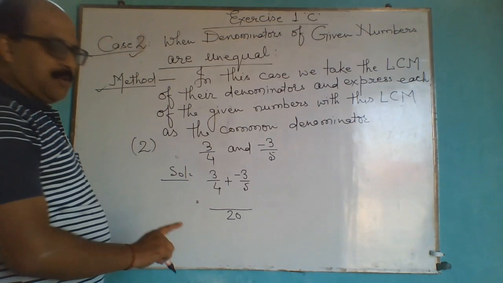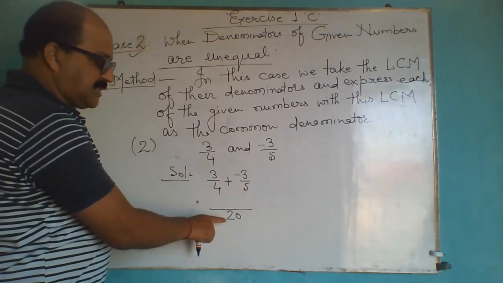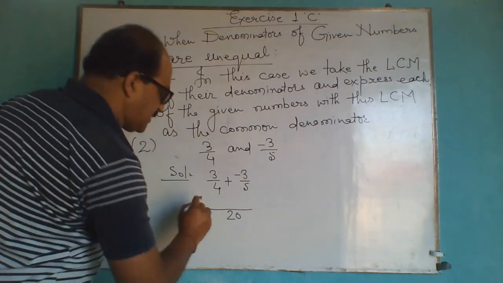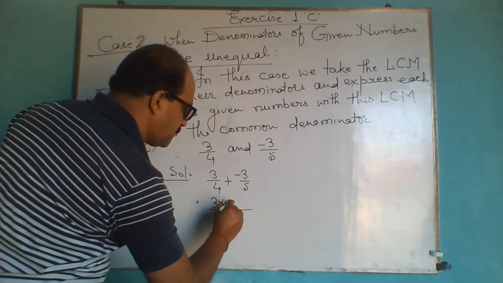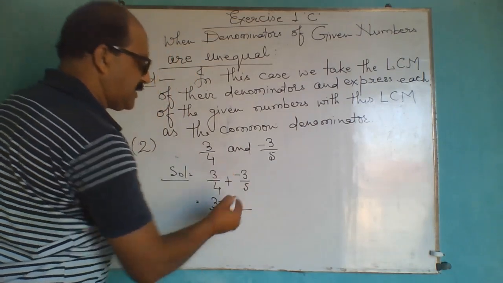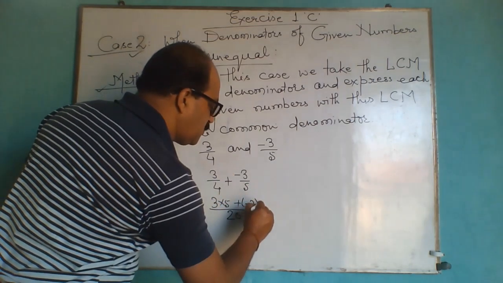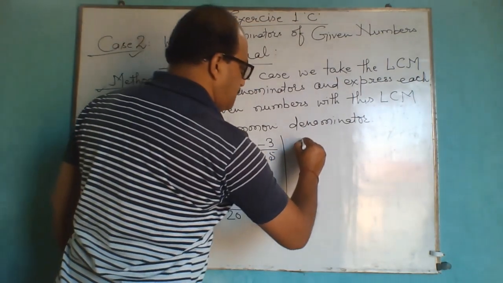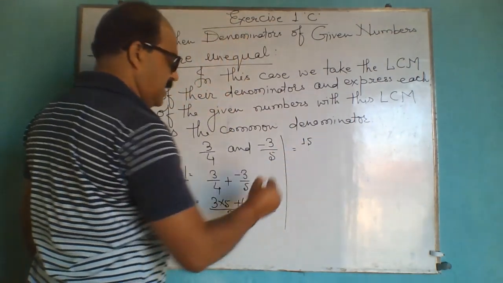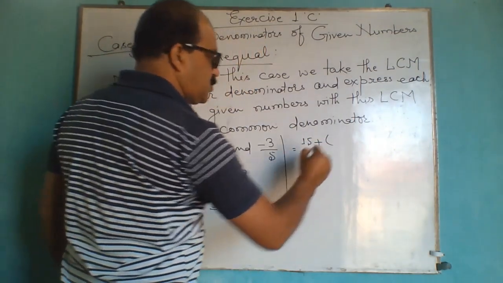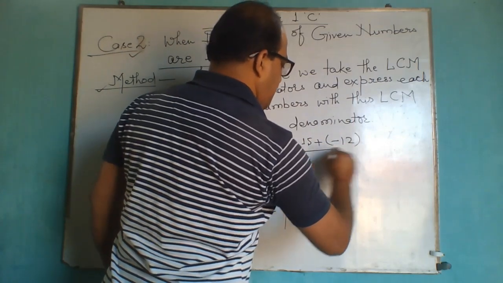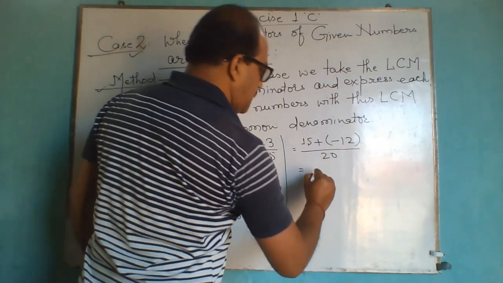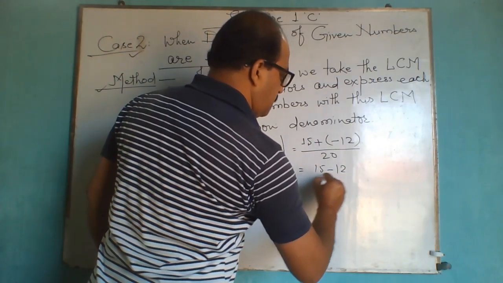Here the LCM will be divided by each denominator and the result multiplied by the numerator. 3 into 5, plus, 4 fives are 20, here minus 3 into 4. 3 fives are 15, plus under bracket minus 12, by 20. 15 minus 12 by 20.